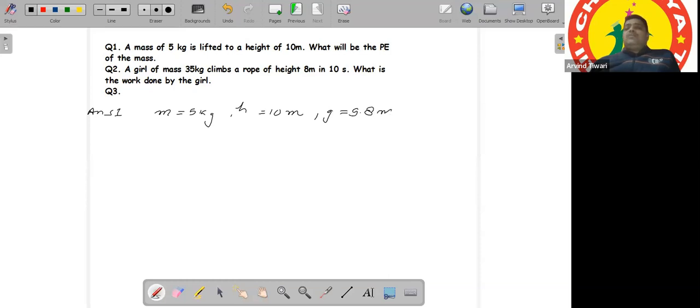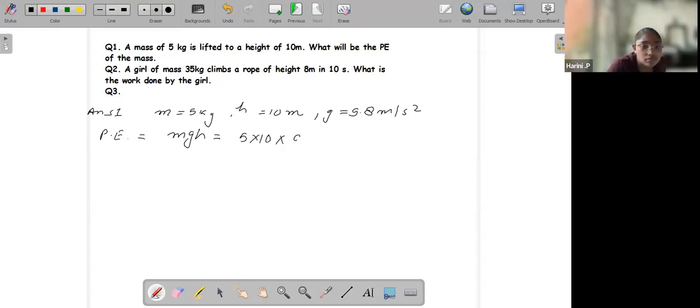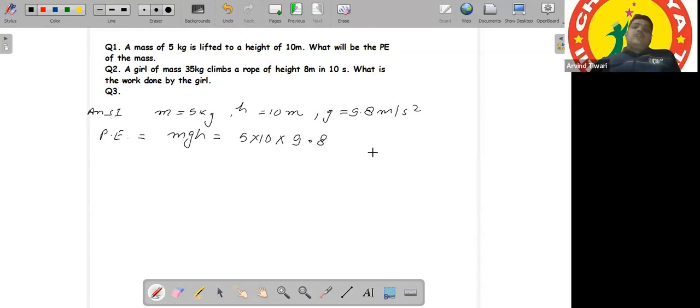So now we can compute the value of potential energy. The potential energy will be given by the formula mgh, which is 5 times 9.8 times 10, equal to 490. So this is your 490 joule. Either you write it as Newton meter or as joule. Both are the same.